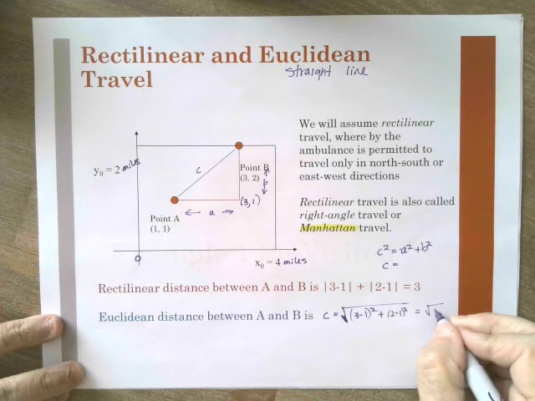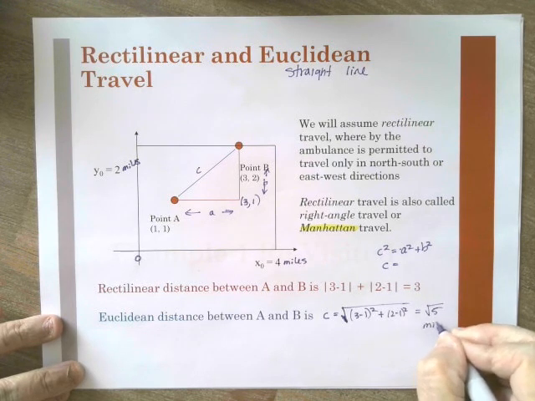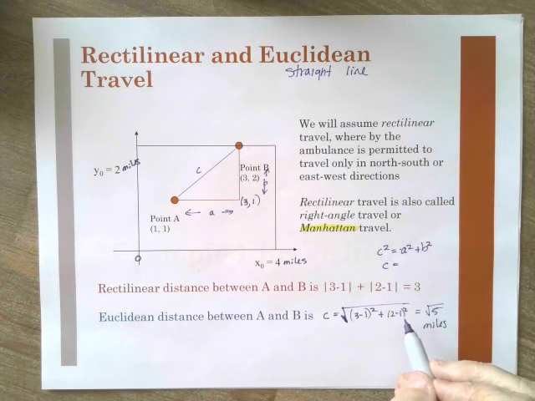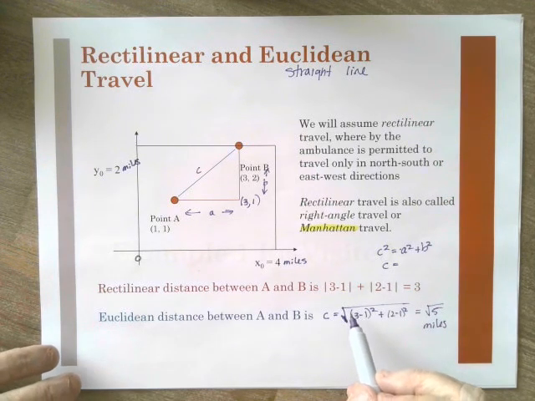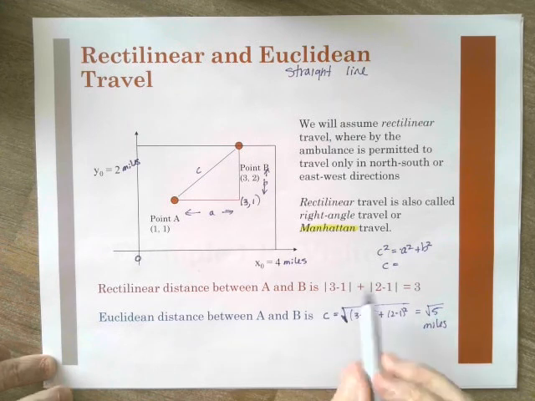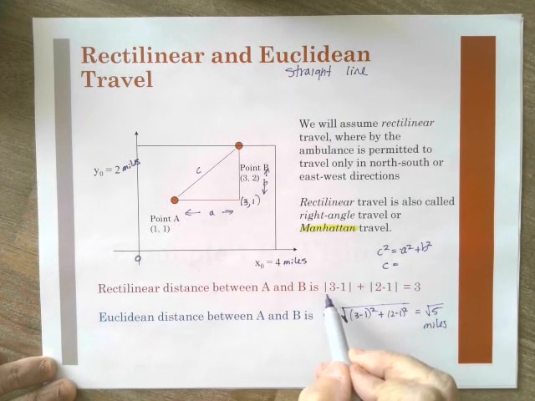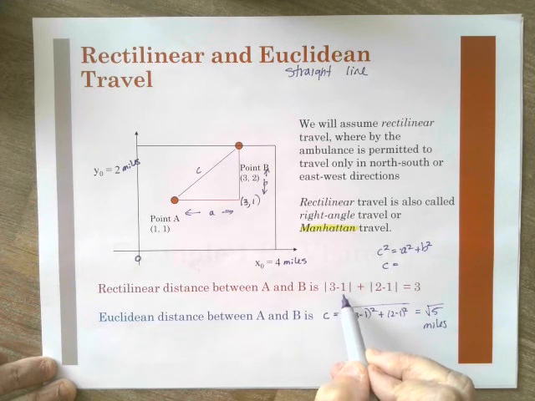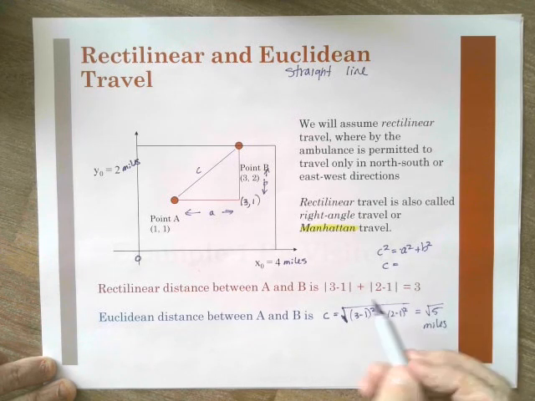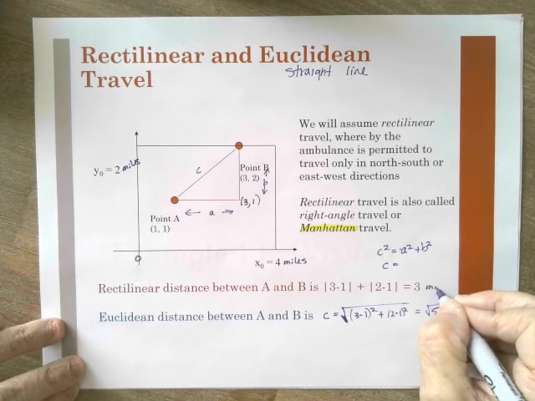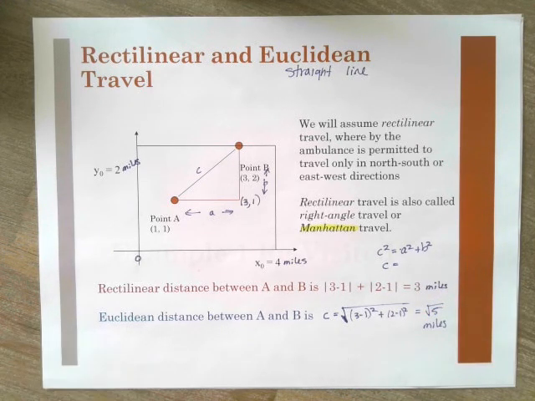So c is going to be the square root of 5 miles. But the rectilinear distance, now I jumped ahead of myself, is just going to be the distance that I traveled, the absolute distance. I went from 3 to 1, which is a 2, and I went from 2 to 1, which is a 1, and now we have 3 miles right there.